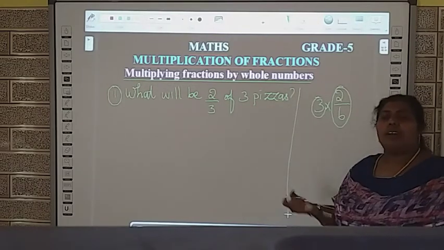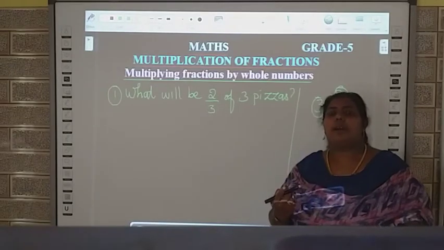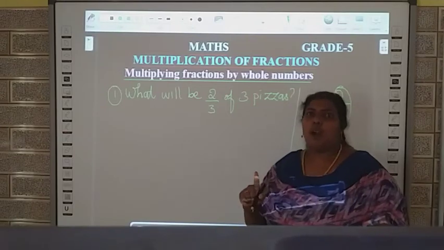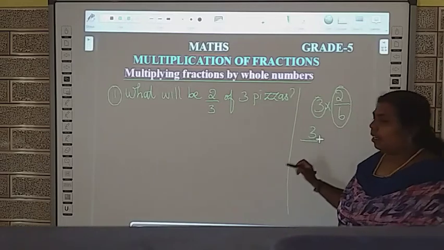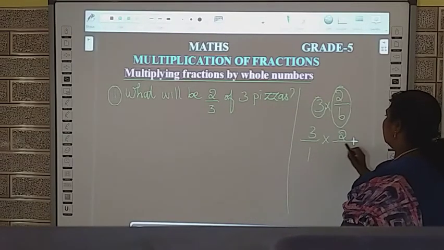3, the whole number's denominator is 1. Okay, every whole number has a denominator. All whole numbers have denominator 1. So here 3 divided by 1, times 2 by 6.